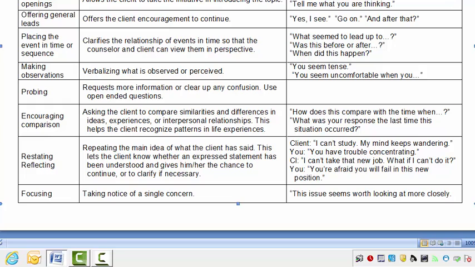and you make the observation, you seem really anxious right now. And they may not have even noticed it. They may not even know that it's going on. And what it does is it helps them to kind of just recognize the emotions that they're having, and that what they're saying is very important to them.